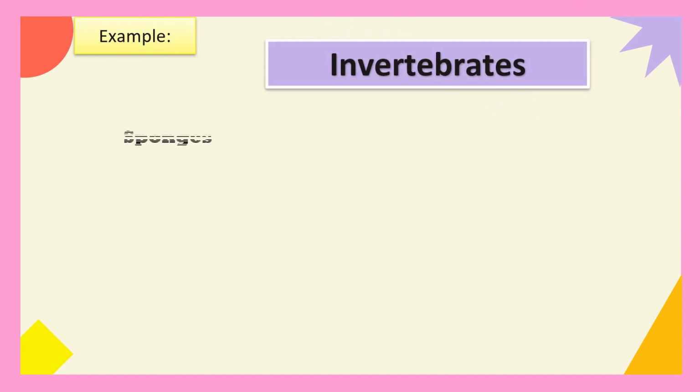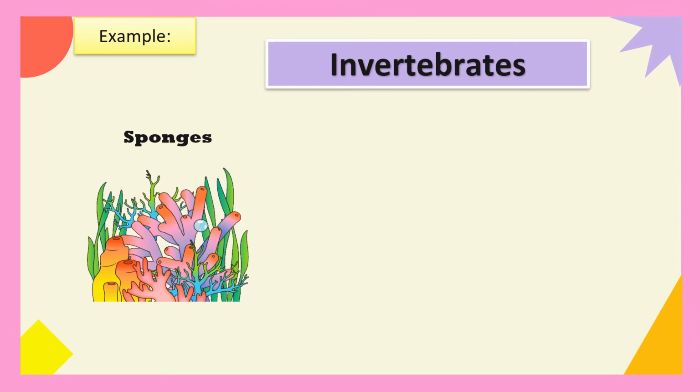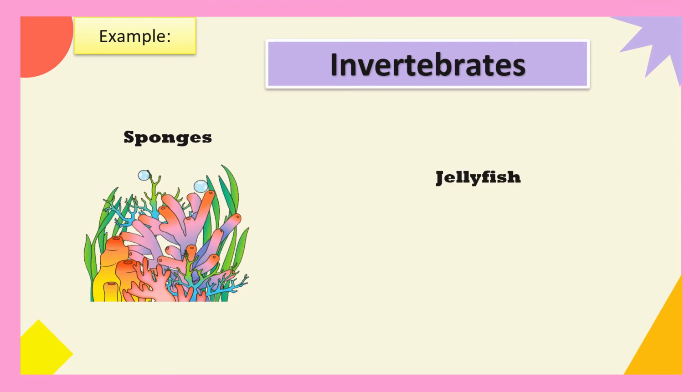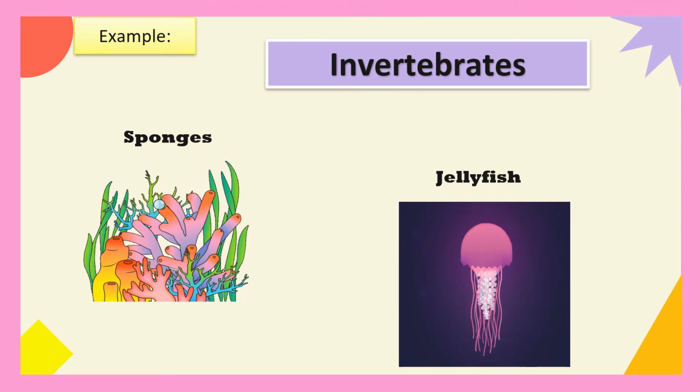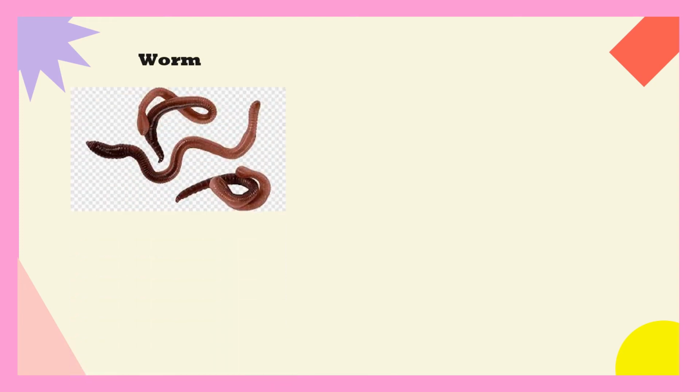What animals are included in invertebrates? First is sponge. Okay. Next is jellyfish. Next is worm. Okay, this is the worm.